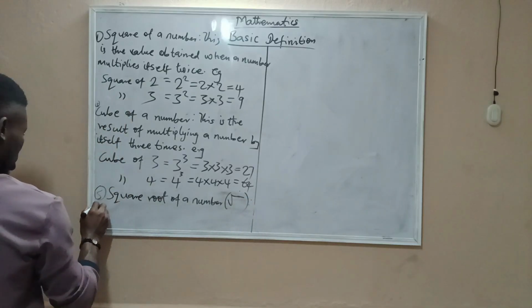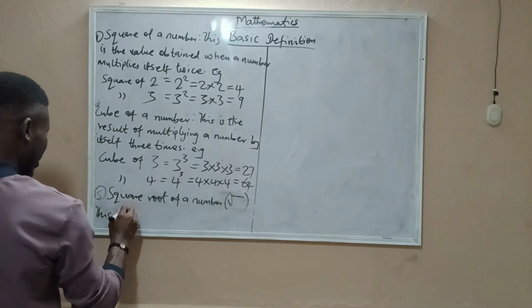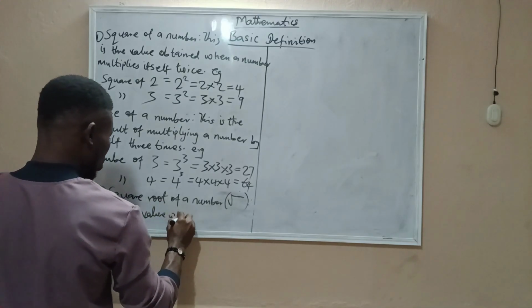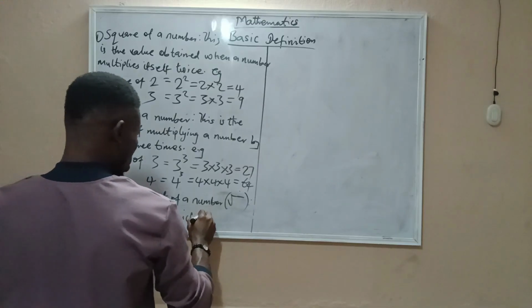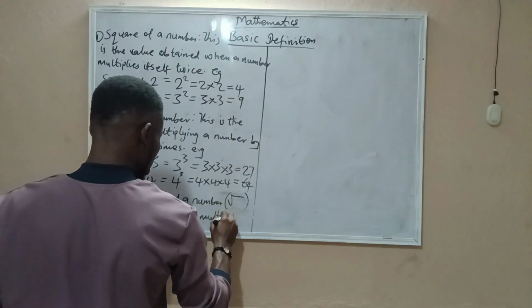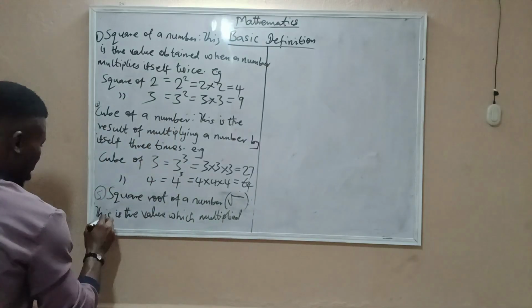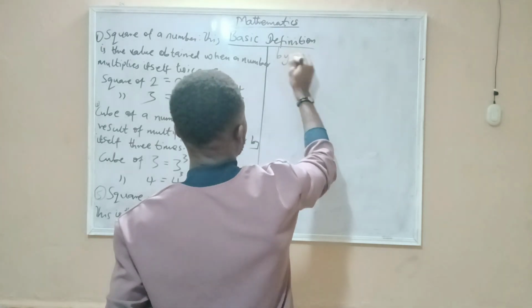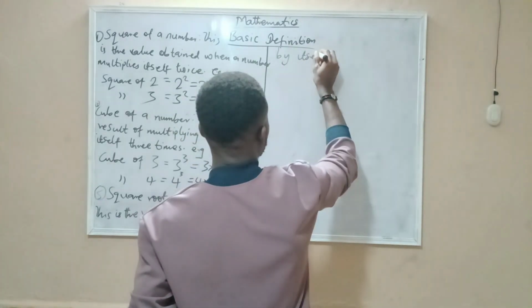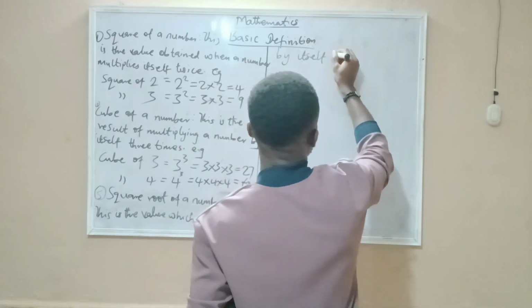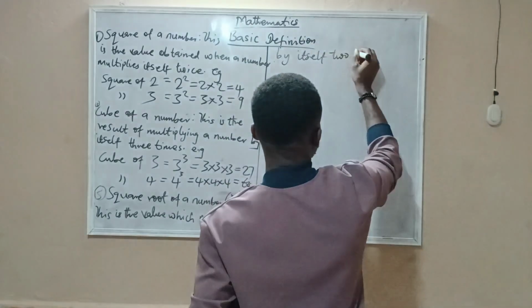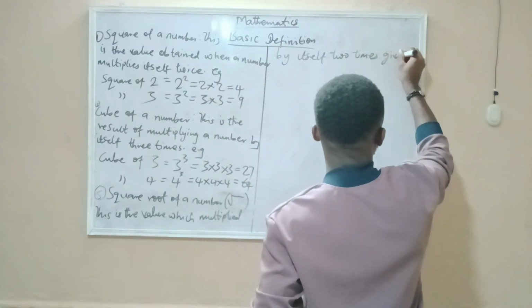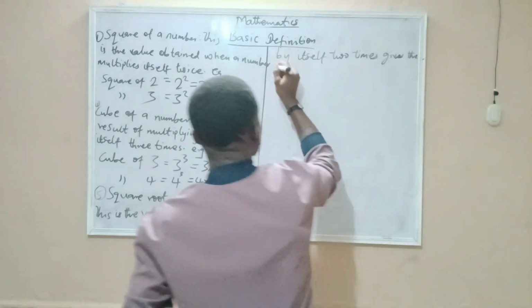And it says, this is the value which, when multiplied by itself 2 times, gives the original number.